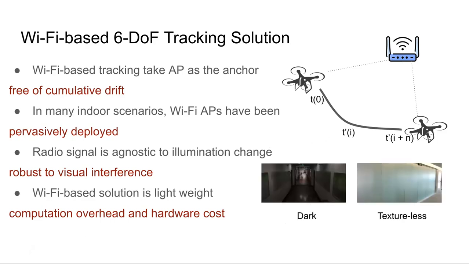So unlike the vision solutions, which can fail in these environments, in the dark hallway, in the textureless, these do not affect how Wi-Fi solution can work. And Wi-Fi based solution is lightweight compared to other sensors, in terms of computational overhead and hardware cost.